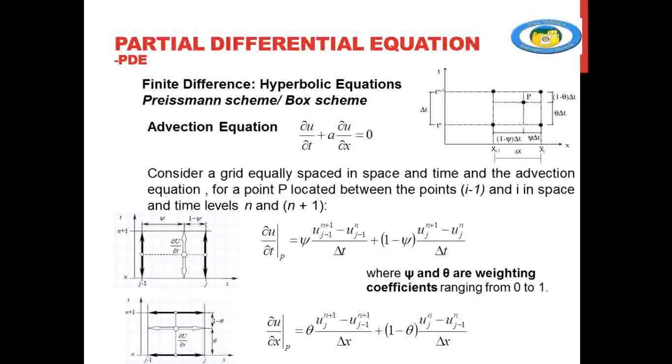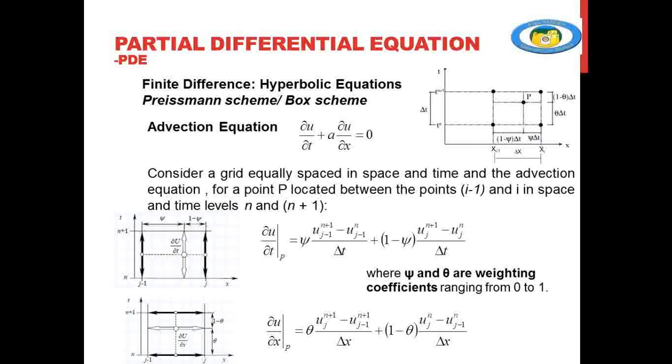Now, if you consider a grid which is equally spaced in space and time, for a point P located between points j minus 1 and j in space, and time levels n and n plus 1, you can express the temporal derivatives as a weighted average of temporal derivatives at the j minus 1 node and temporal derivatives at the j's node.